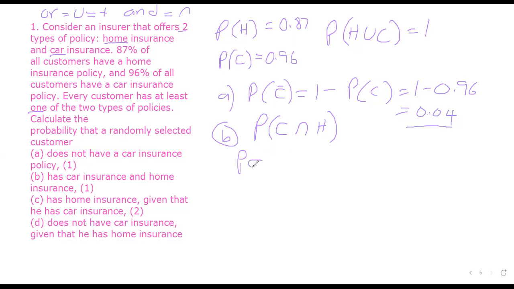So how do we expand the union set of C union H? C union H, how do we expand this? The probability of C plus the probability of H minus the probability of the intersection, C intersection H. So what union set have we been given?